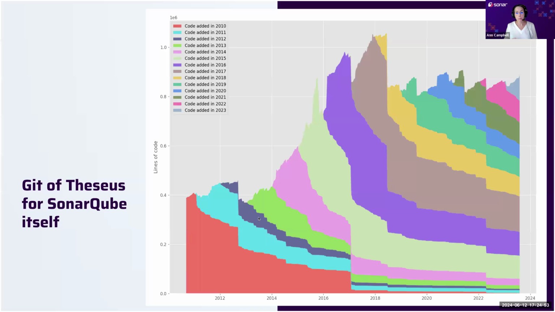Now, I want you to imagine that this is your project. And imagine that on January 1st of 2013, so that's this bright green here, you and your teammates looked at each other and agreed that from that day forward, you would clean as you code.